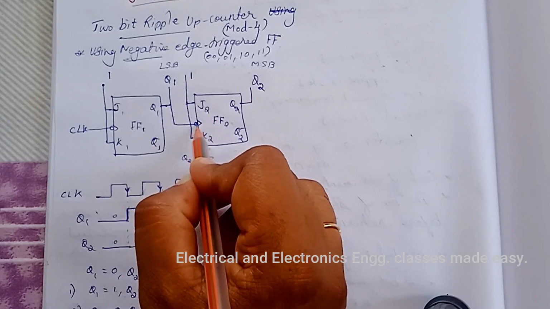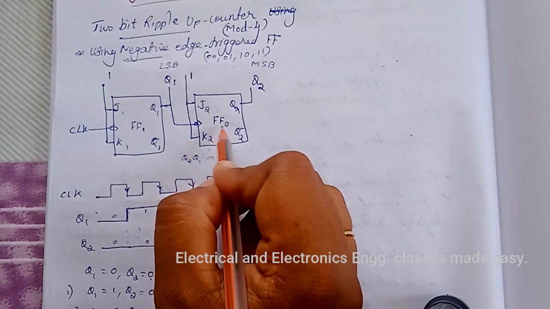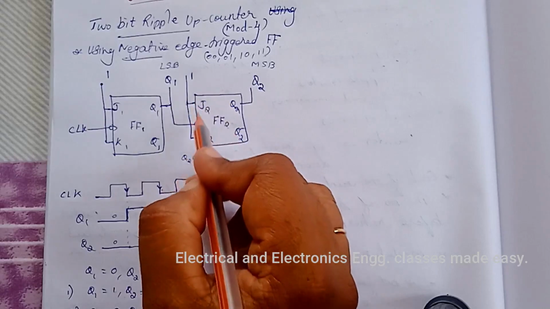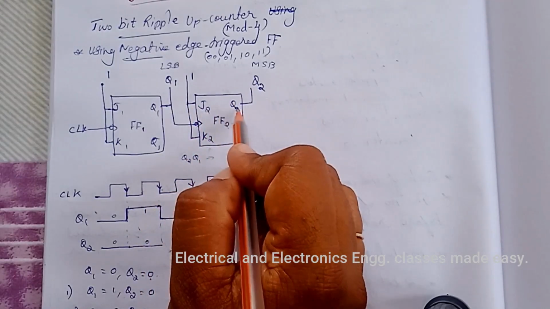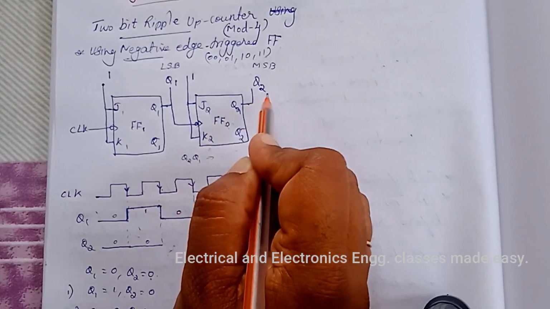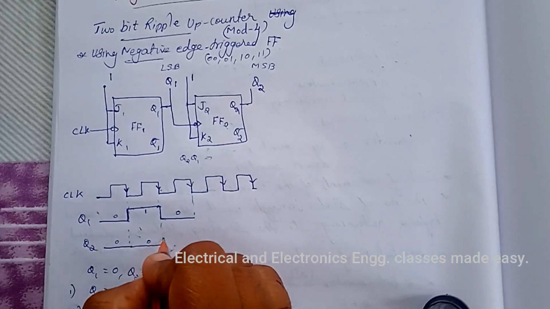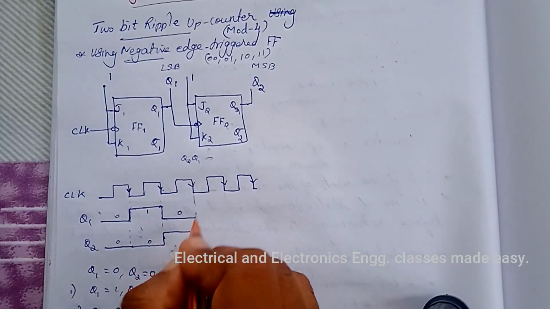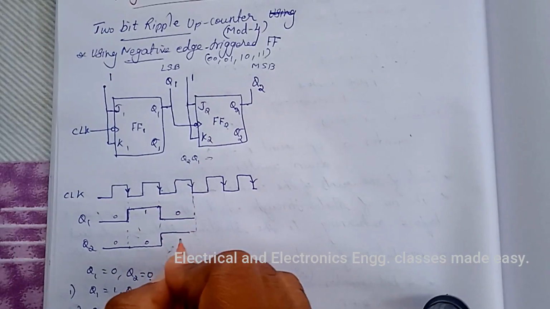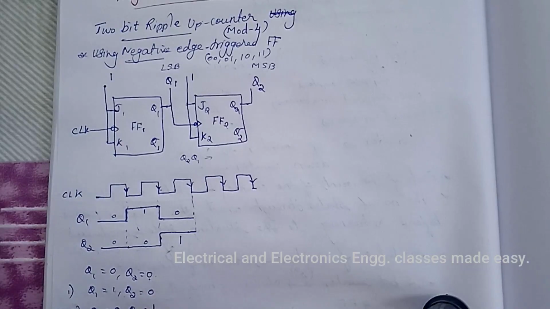So when 0 is applied at flip-flop 2, this flip-flop reacts. That is, Q2 will toggle. Q2 toggle means this is 0 now and it will change to 1. So Q2 will be equal to 1.